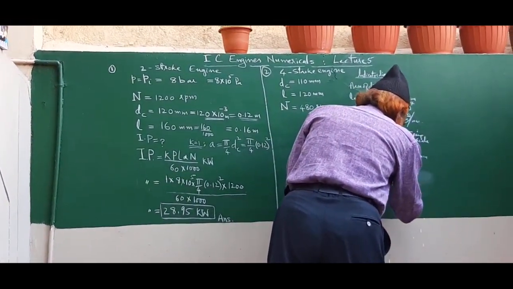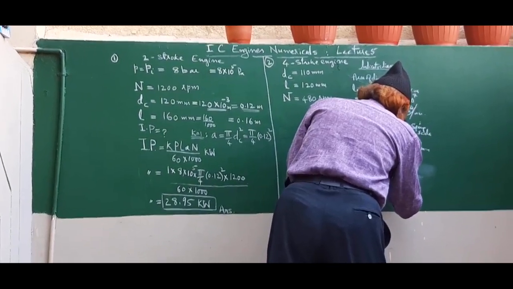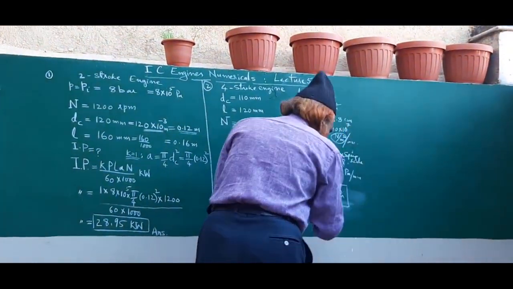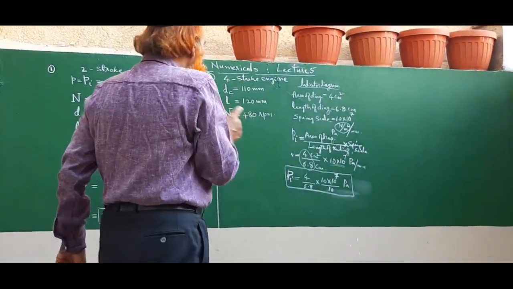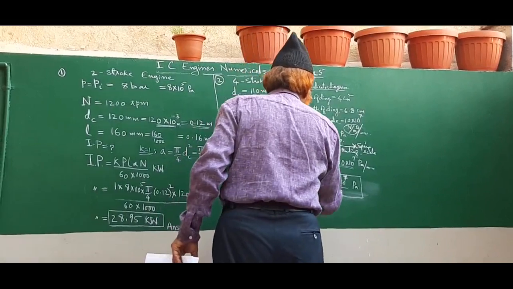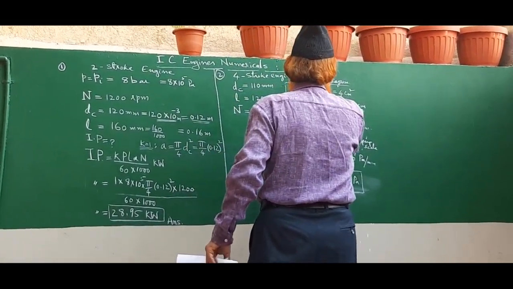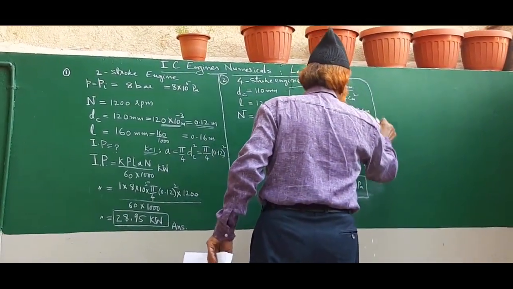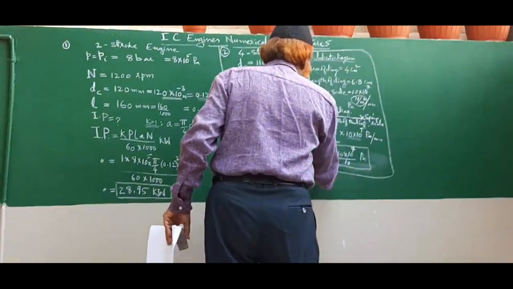Right? To power 7. So many Pascal you have to use in indicated power calculation. This is separate calculation. You have followed? This is a separate calculation to find the indicated power.